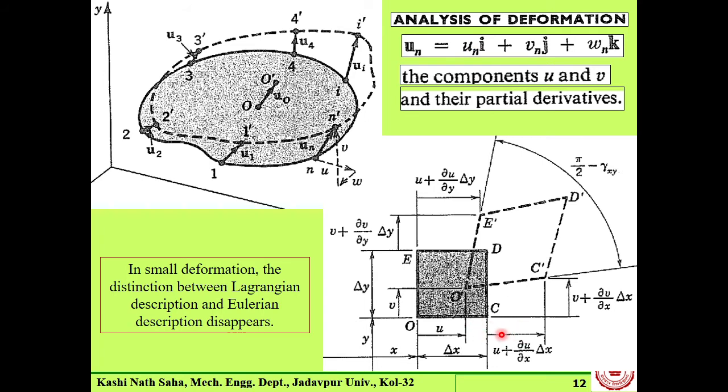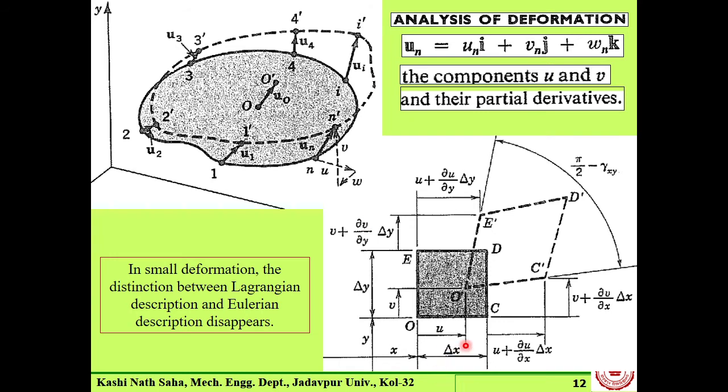That variation is del u del y into this dy, for this point D. And again at point D, there is a component del v del x into delta x.